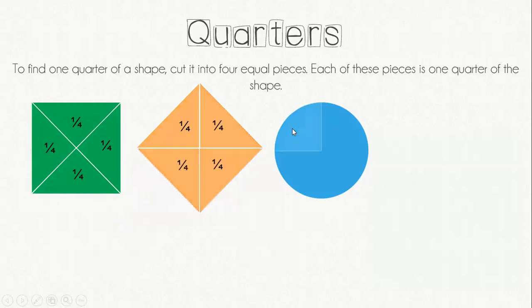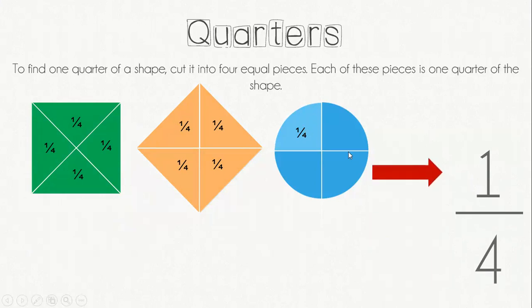Our circle, we're going to cut it into four equal parts. So our numerator, we're only looking at one part of it. That is our numerator. But the whole circle has been cut into four pieces. So that will be our denominator, and that will leave us with 1/4.